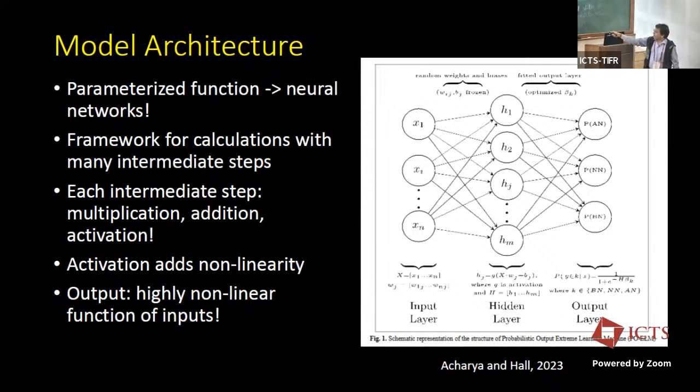But this function, the f which I mentioned, which maps the input space to the output space, all the mathematical operations involved in evaluating that function are done in a distributed way in different layers of the neural network.